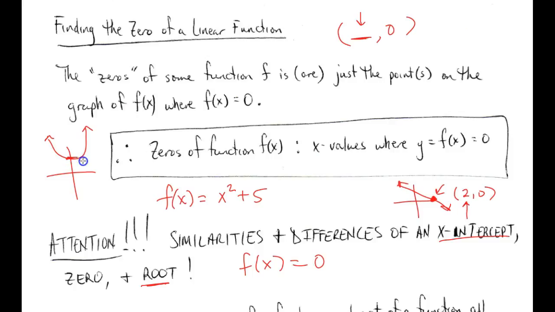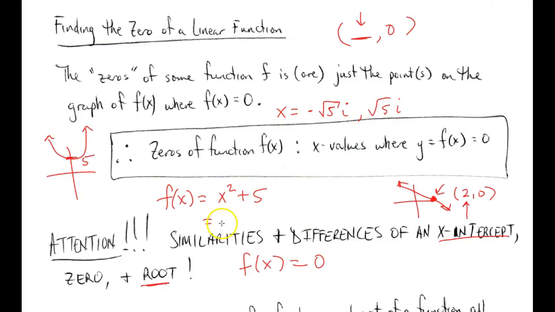Of course, we know that it would be impossible to do it with real numbers. But one of the things that we do know is that one of the numbers that would allow this to be 0 would be a negative square root of 5 times i, and another one would be a positive square root of 5 times i.